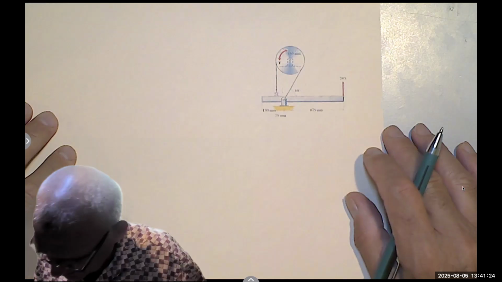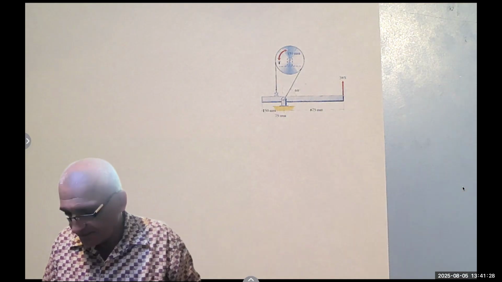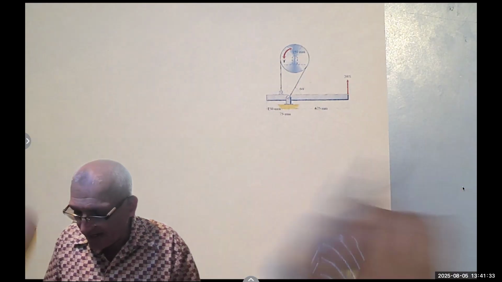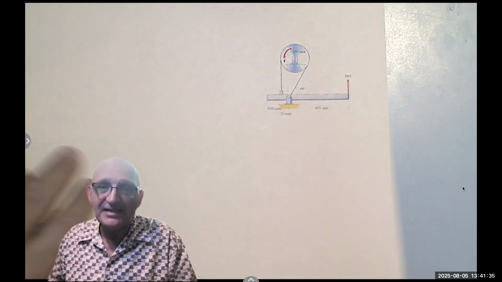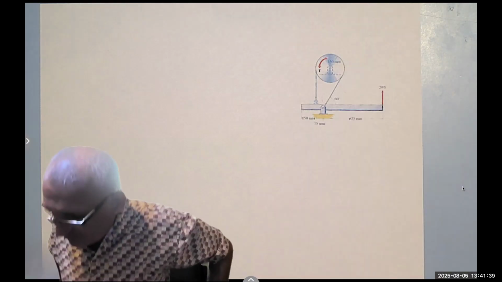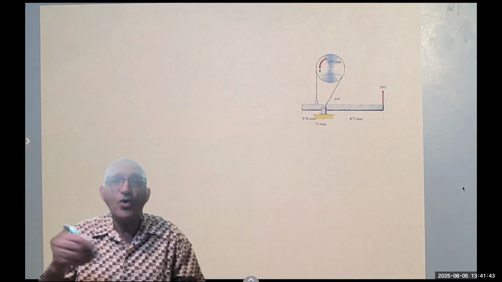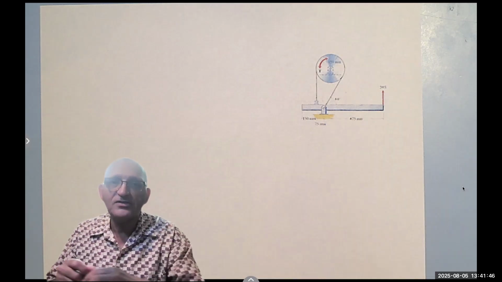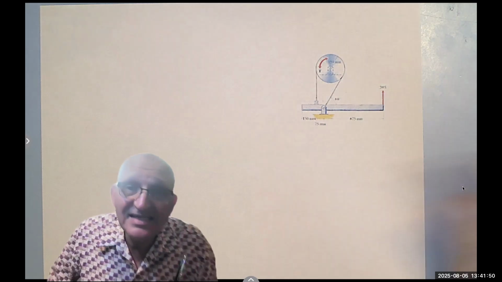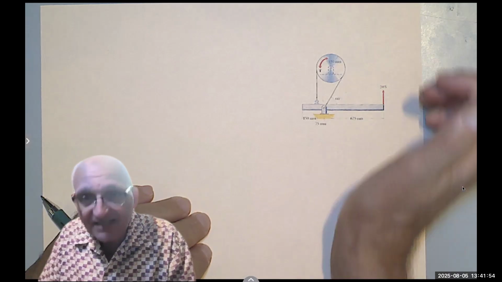Here's an example. In this example, we can make up some missing information. It doesn't matter. We have here what we call a band brake. There is a pulley here that can rotate clockwise or counterclockwise, connected to a motor. In each case, if you want to stop it, you can push this handle up.